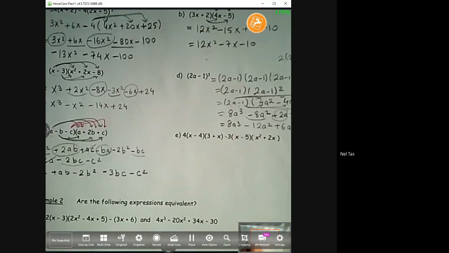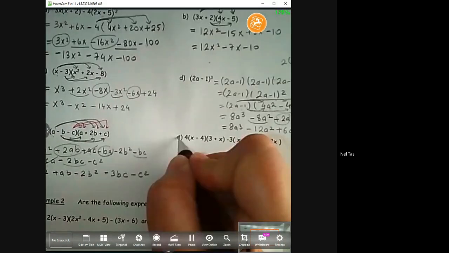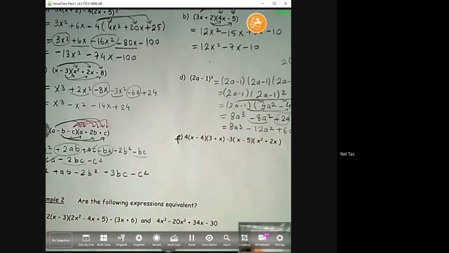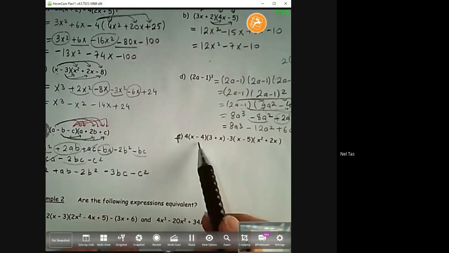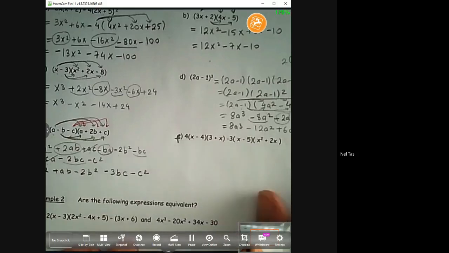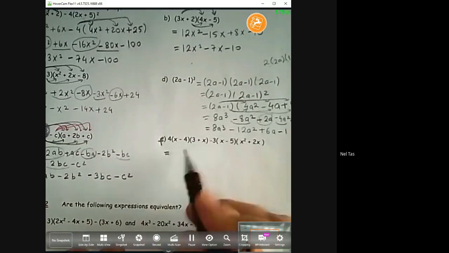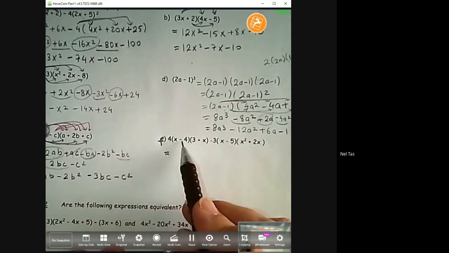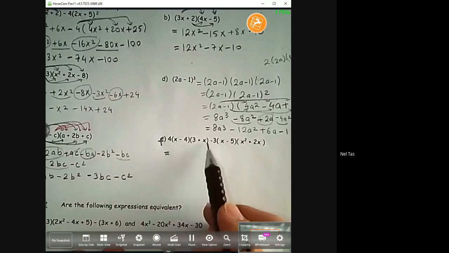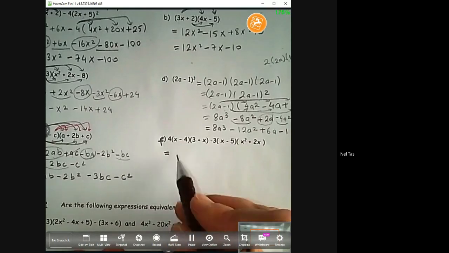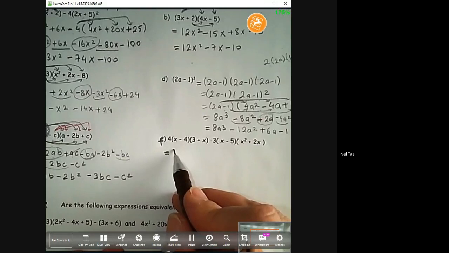So let's look at part, oh, that should be F. Okay, let's look at part F. Before we multiply by the numbers, first multiply actually the binomials. That would be easier, so that you don't have to deal with the big numbers. So I keep the 4.